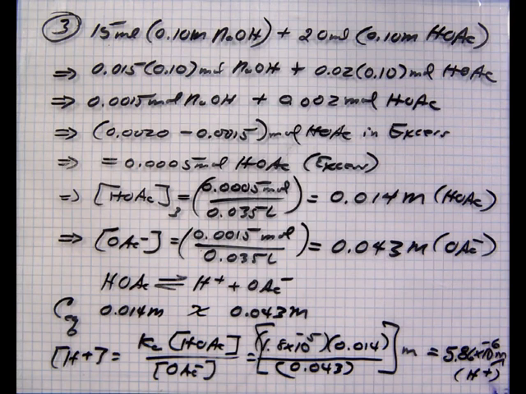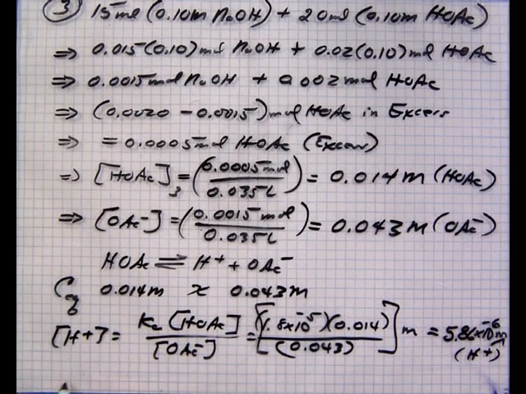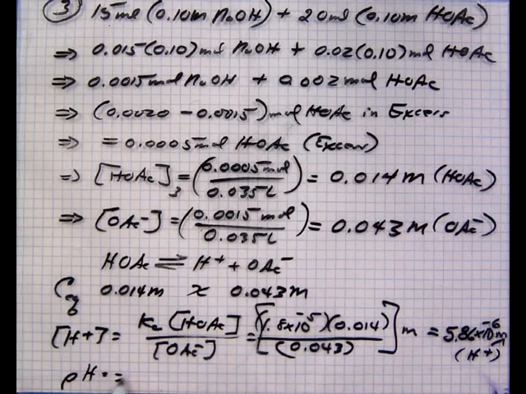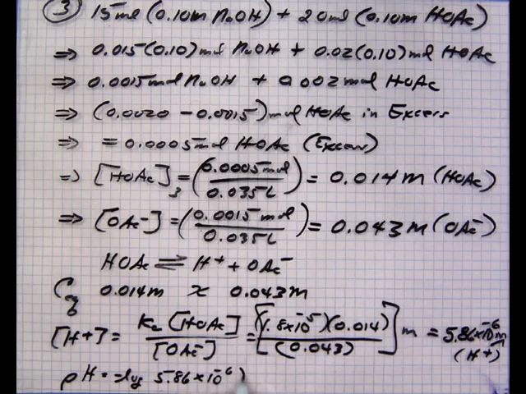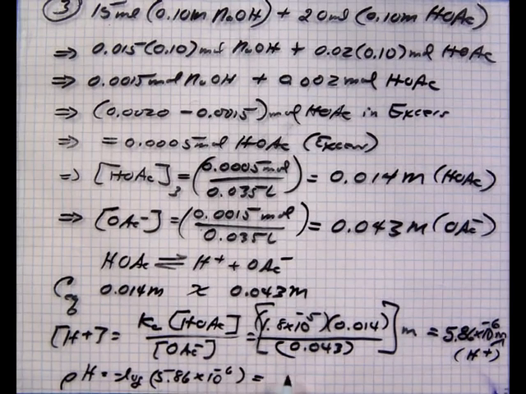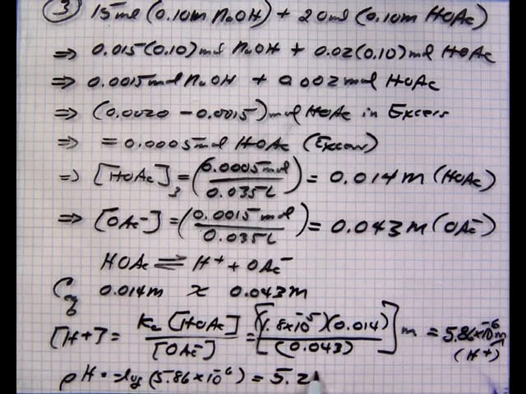We have a 5.23 pH. Squeeze this in down here. So now the pH is equal to minus log 5.86 times 10 to the minus 6, which is equal to 5.23.